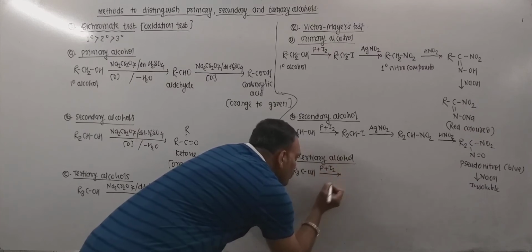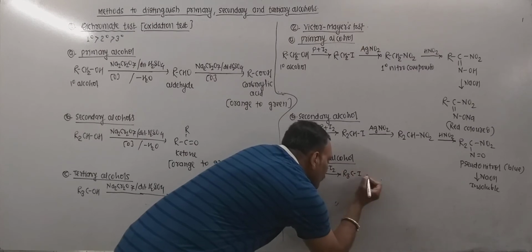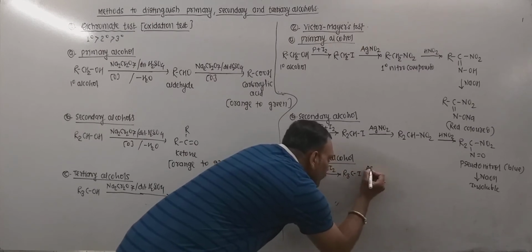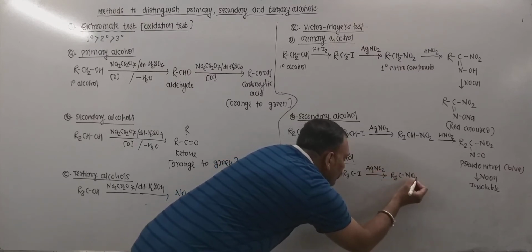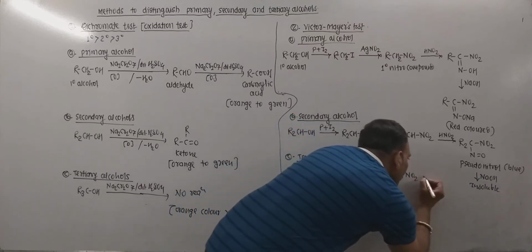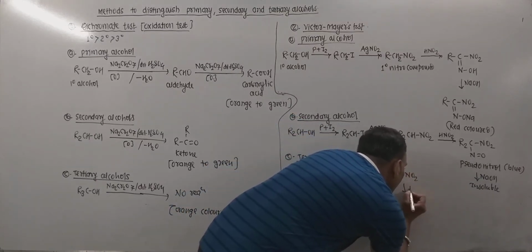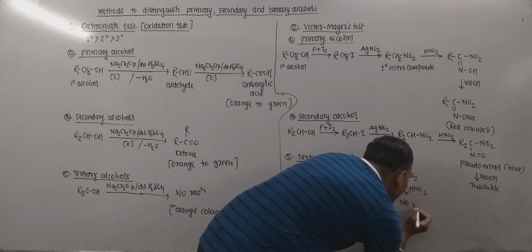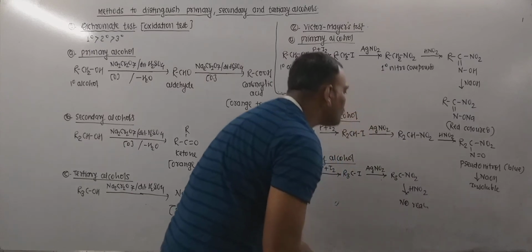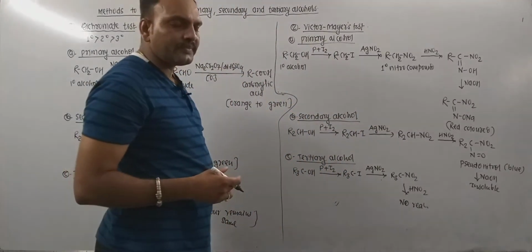When treated with a mixture of red phosphorus and iodine, we get tertiary alkyl iodide, and when tertiary alkyl iodide is reacted with silver nitrite, the tertiary nitro compound is obtained. And remember, this tertiary nitro compound, when treated with HNO2, fails to react with it, so no reaction takes place, thus the solution remains colorless.